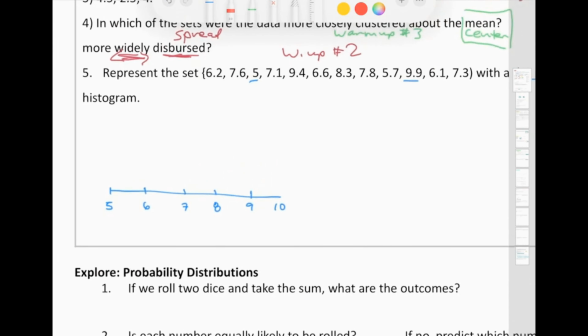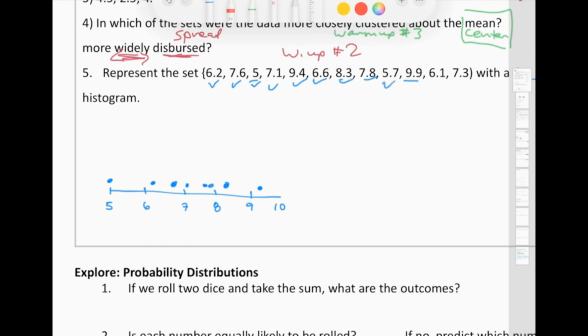6.2, 7.6, there's a 5, 7.1, 9.4. And it is important to have the same size of a dot. 6.6, 8.3, 7.8, 5.7, 9.9, 6.1, and 7.3.